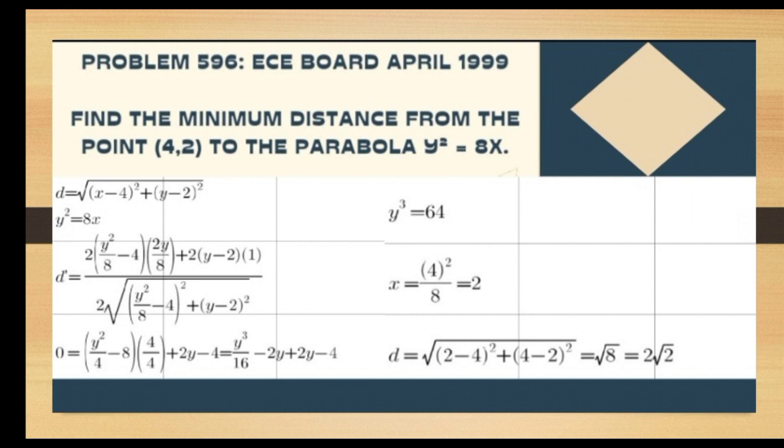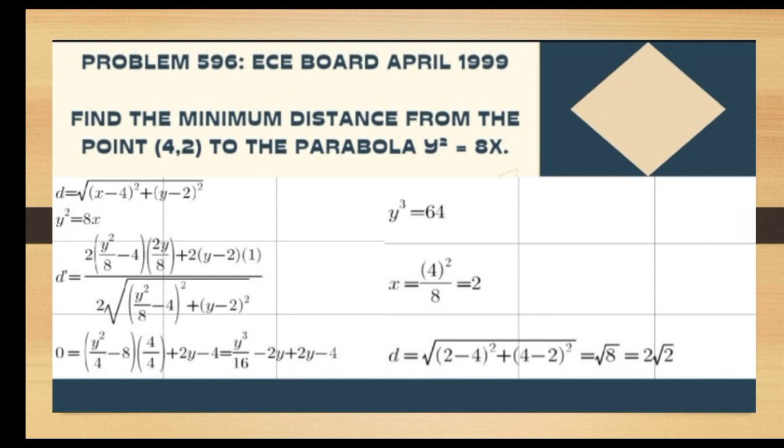In this case, we have 0 equals y squared over 4 minus 8 times y over 4 plus 2y minus 4, which is 4 minus y cubed over 16 minus 2y plus 2y minus 4.